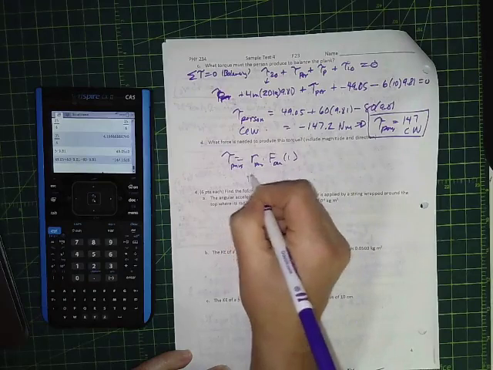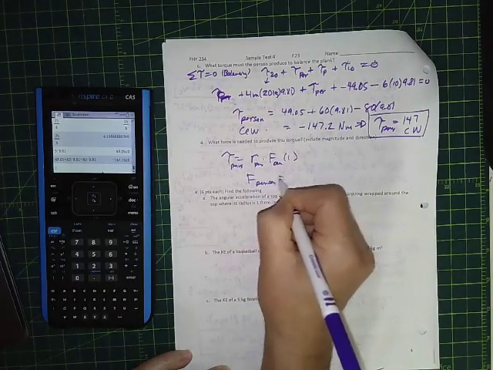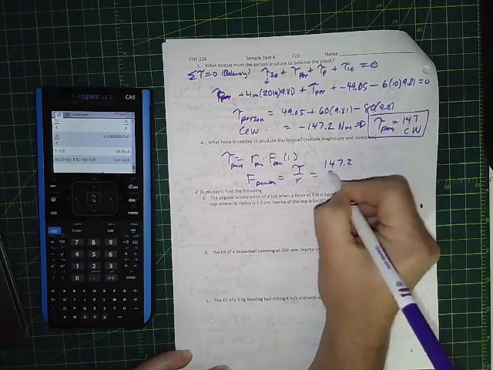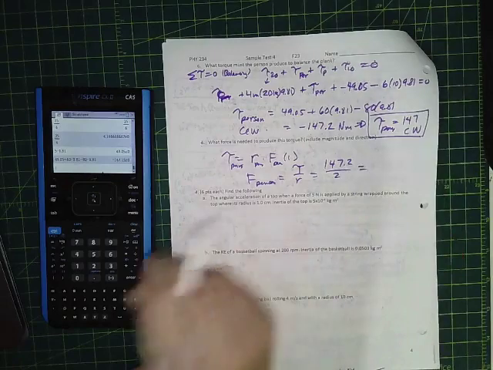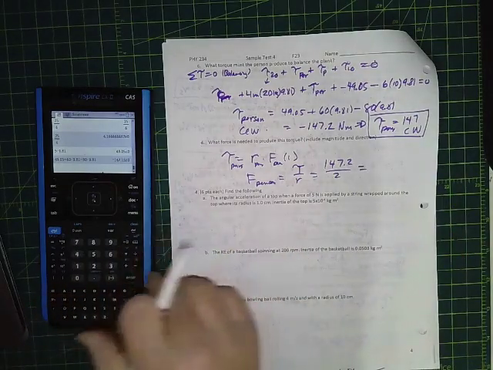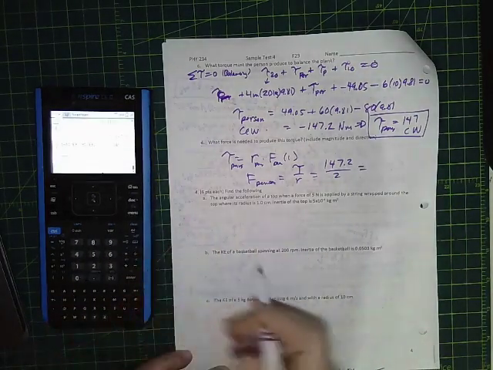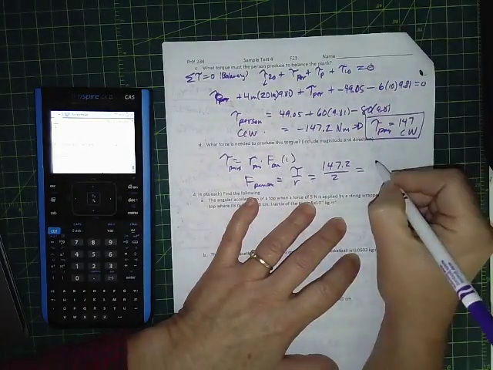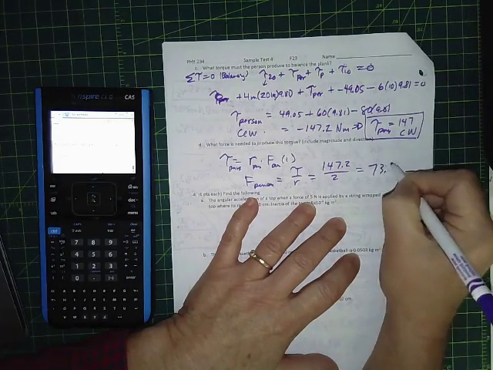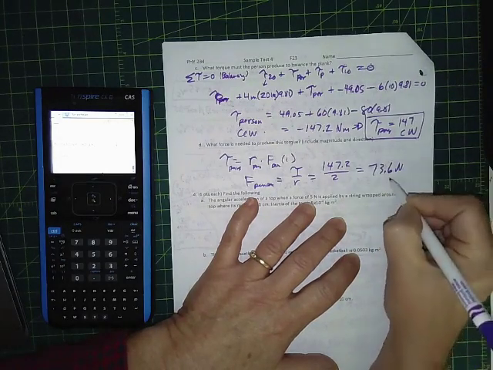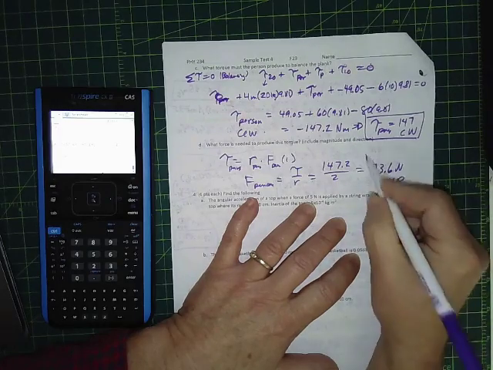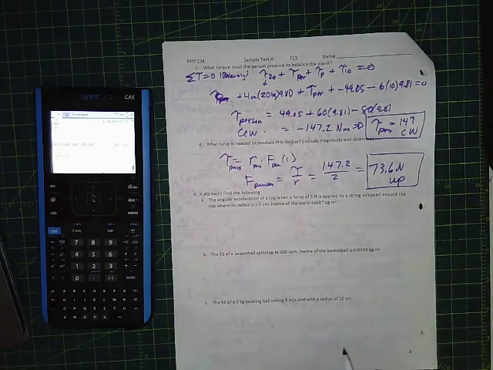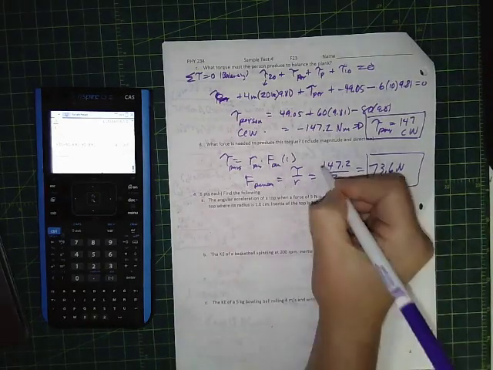So the force for the person is going to be torque over his moment arm, which is 147.2 divided by 2. 73.6. And actually I got a negative 73.6, according to the way I drew it, but we can also just write 73.6 up.